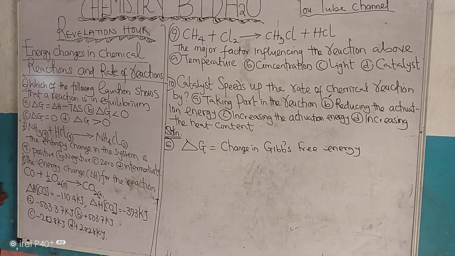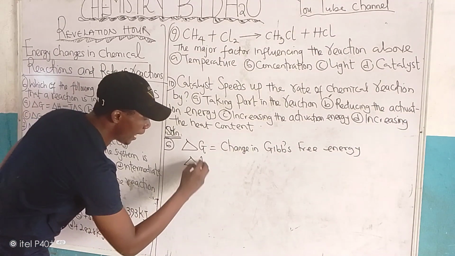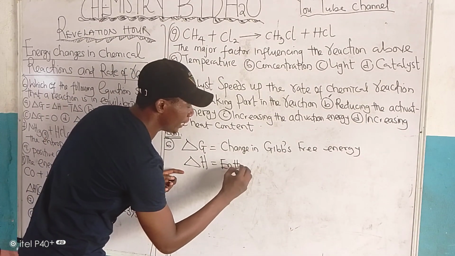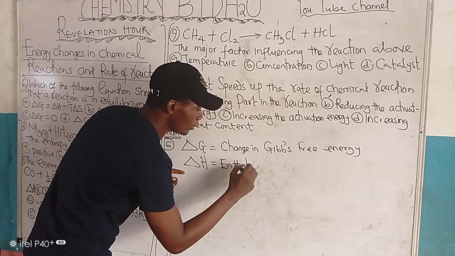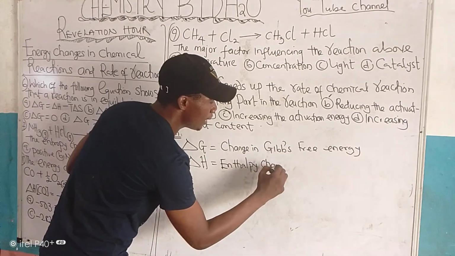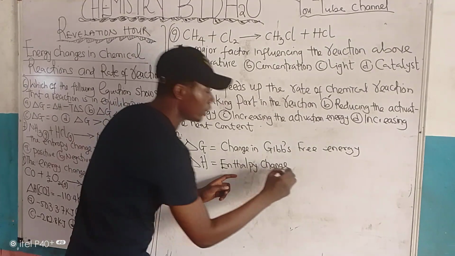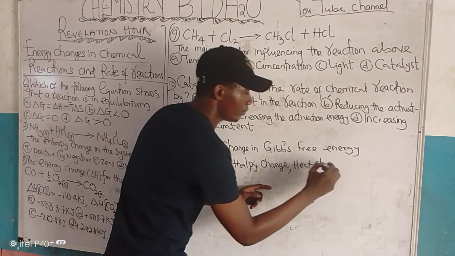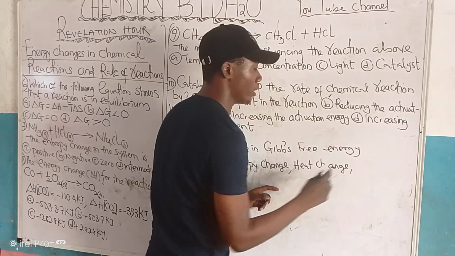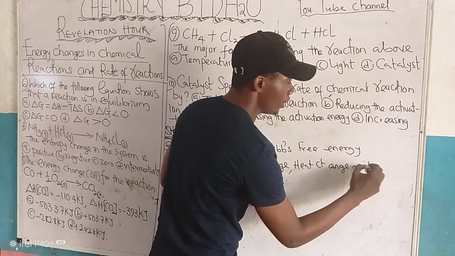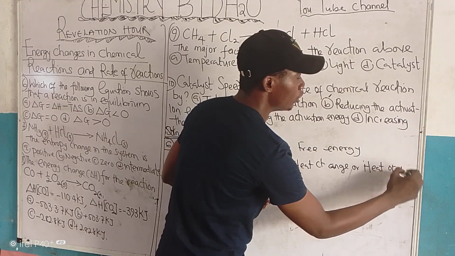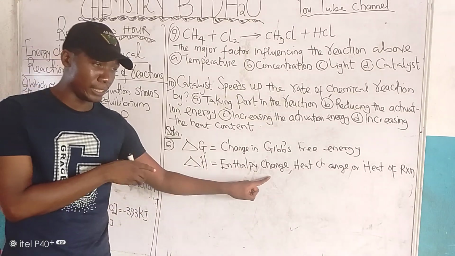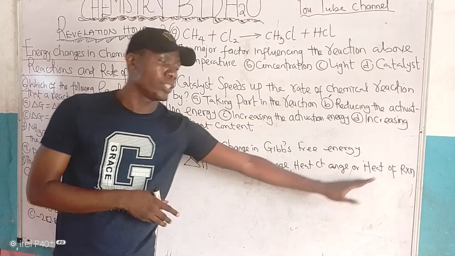Now again, there's what we call delta H. This one is called enthalpy change. Another word for it is heat change, or heat of reaction.